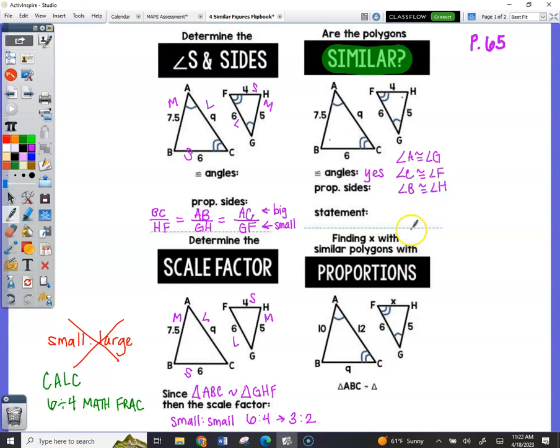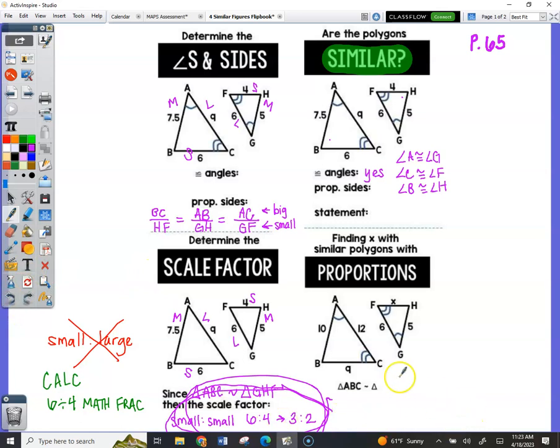Then it's going to say, are the sides proportional? So you know how we said right here the scale factor is 3 to 2? Basically what you would do is repeat what we did right here, but with the medium and the large, and you would just confirm that they all come to 3 to 2. So let me show you.